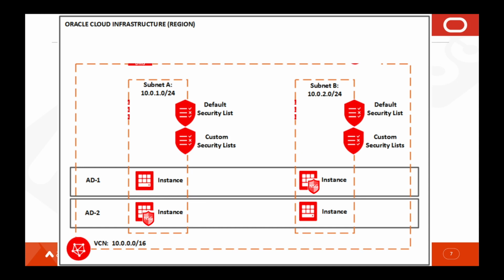Whenever you create a subnet, there is a default security list created for that subnet and automatically associated with it. And in that default security list, you will have a few predefined rules already implemented.